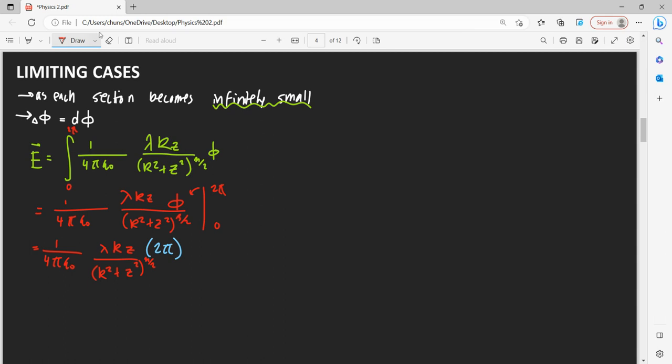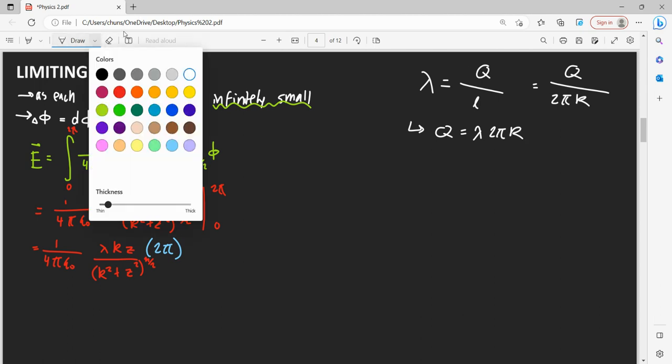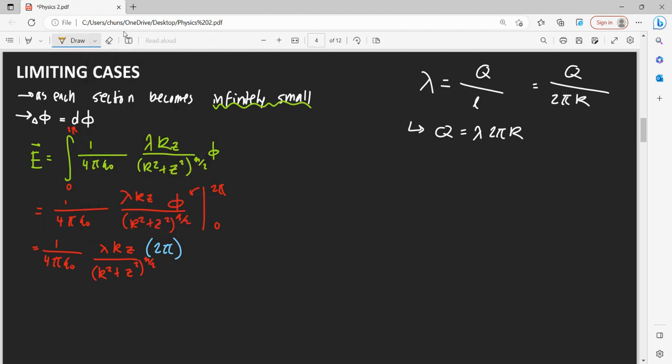And we know from our linear charge density equation, so let's just write that out again, lambda equals q over our circumference, 2 pi r. Then when we isolate for our q, we have lambda 2 pi r. We can locate those terms in our equation right here.